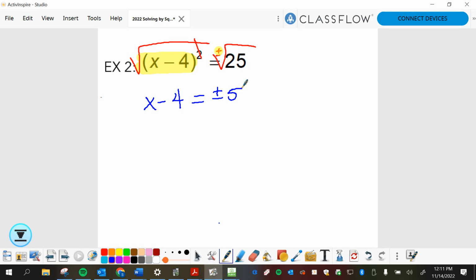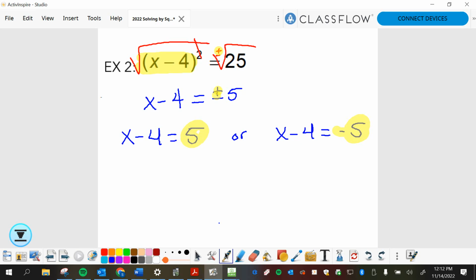I have to solve x minus 4 equals positive 5, and I have to solve x minus 4 equals negative 5. Why do I have to do that? Because there's two answers to the square root of 25. It's positive 5 and negative 5. So I got to actually solve those out.